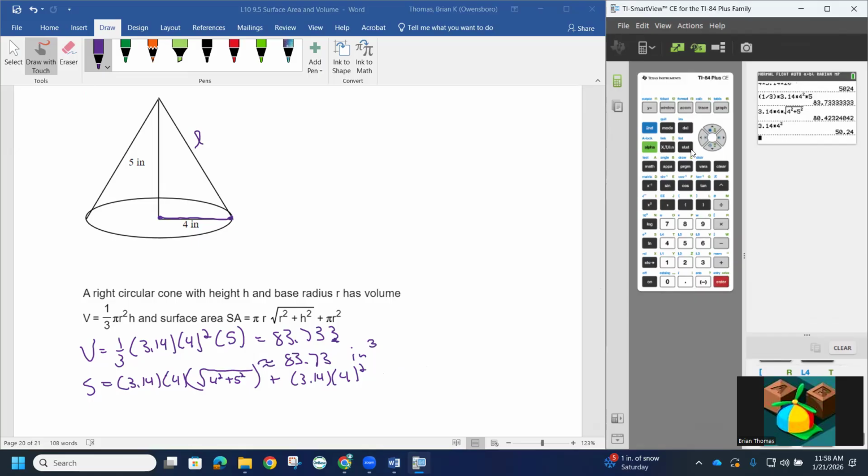So I can go up here and highlight this, copy that in, and then plus, and go up here and highlight that, hit enter, and copy that in, and I can add them together and get the answer that way. So you put it all in, or you can do it in pieces, and then copy and paste them.